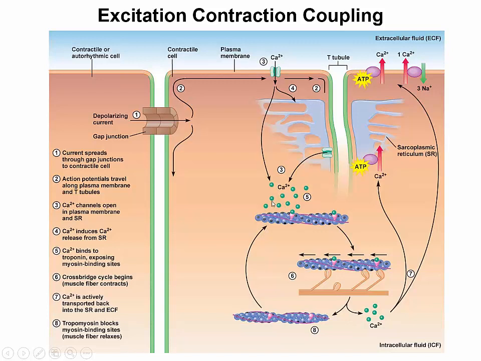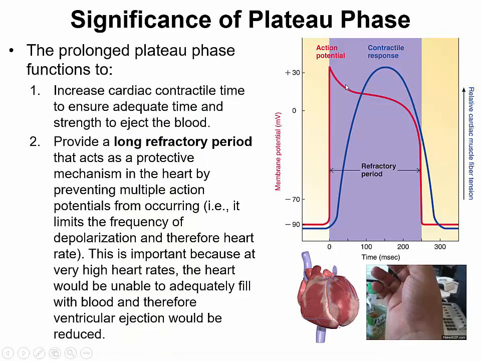All of that calcium is interacting with troponin C to move the troponin-tropomyosin complex out of the way so that the myosin heads can bind and power stroke. In what period is this calcium interacting with these contractile proteins to get the contraction? That's during this plateau phase. So you absolutely have to have the plateau phase in order to increase cardiac contractile time.